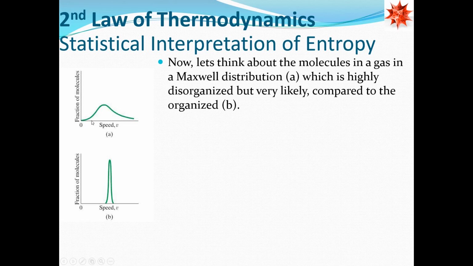Because there are so many particles with such a variety of speeds, from 0 to essentially infinite, this would be a very chaotic, disorganized scenario. But if, on the other hand, we had it peak like here, this range of speeds is much smaller than this. So this would be considered very organized.